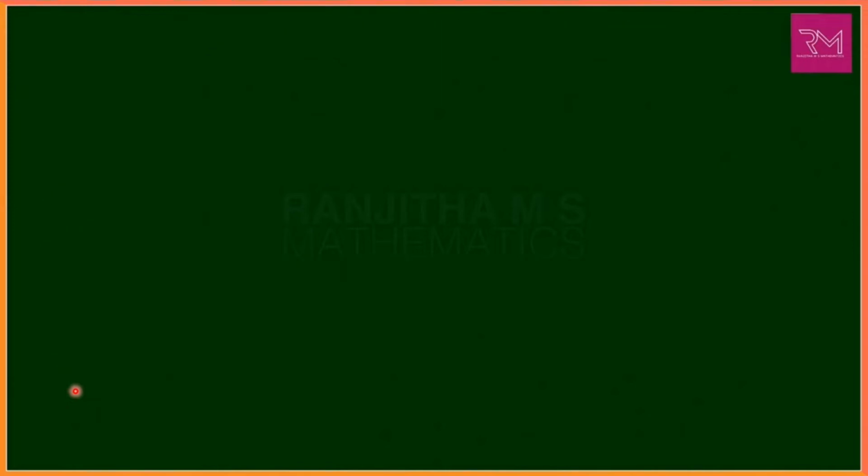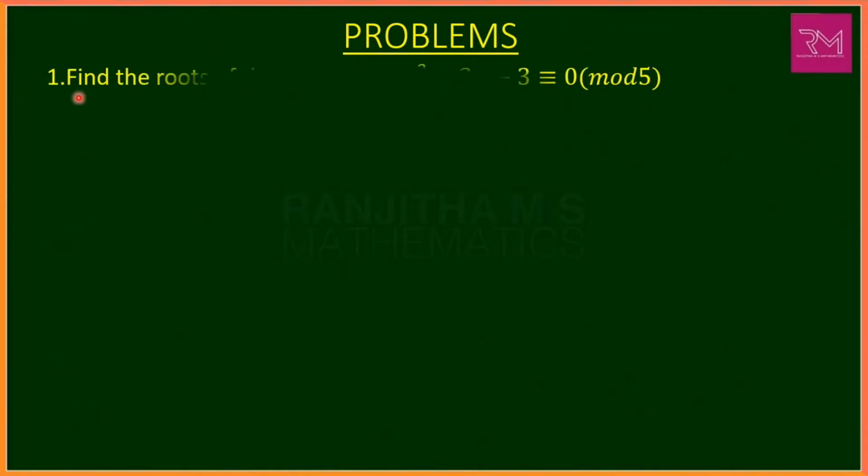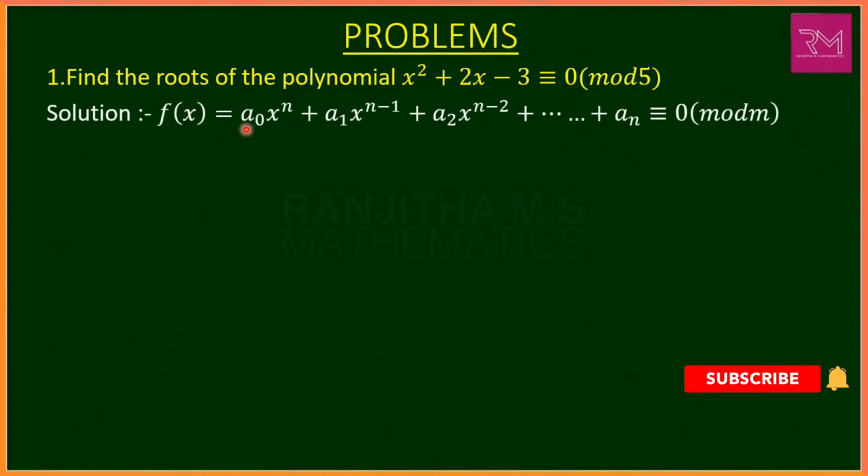Let's see how to solve problems on polynomial congruences. Here is the first problem. Find the roots of the polynomial x^2 + 2x - 3 congruent to 0 mod 5. Here, this is of the form f(x) = a0 x^n + a1 x^(n-1) + a2 x^(n-2) + and so on up to an, which is congruent to 0 mod m.